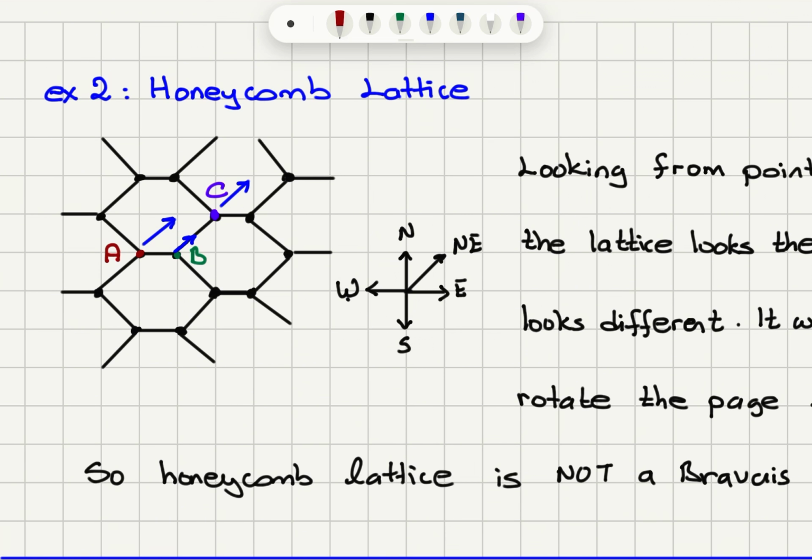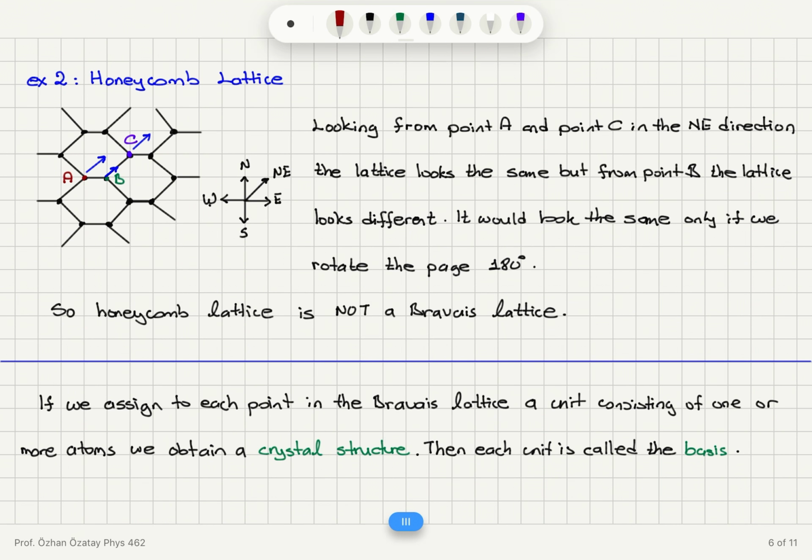However, when I go from point A to point B and I look in the northeast direction, the view from point B is quite different from the view from point A. So we can basically conclude that the Honeycomb lattice is not a Bravais lattice because it doesn't have this translational symmetry.